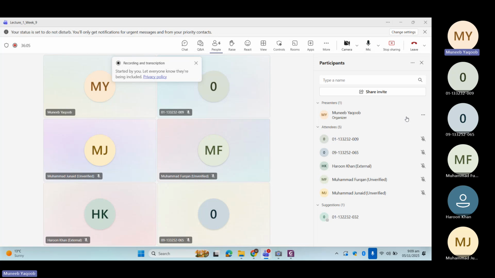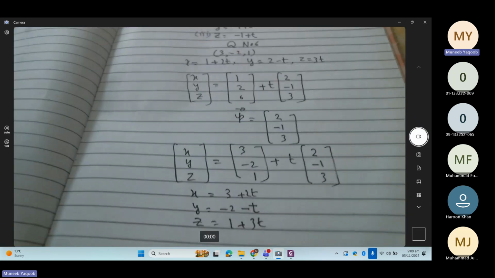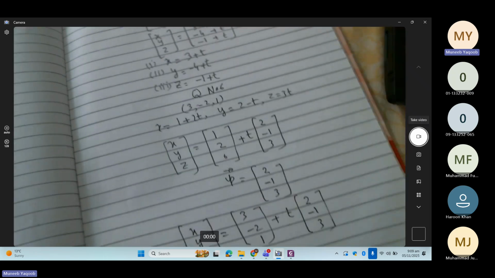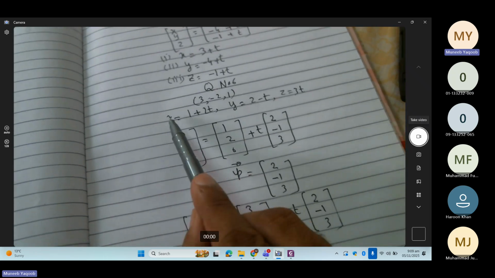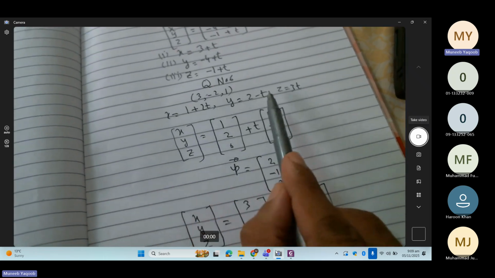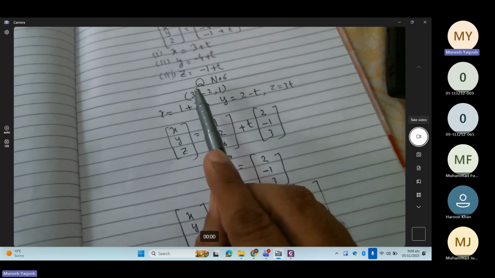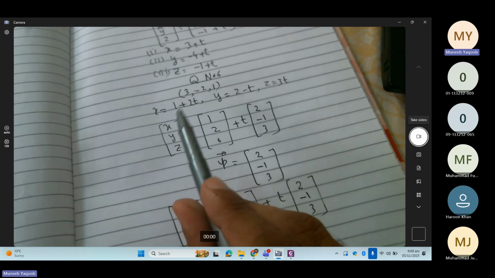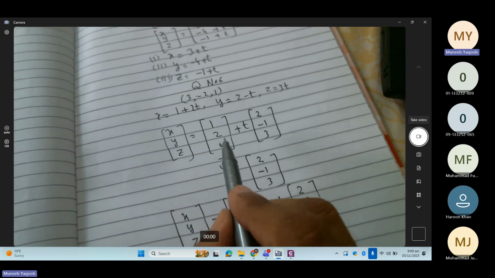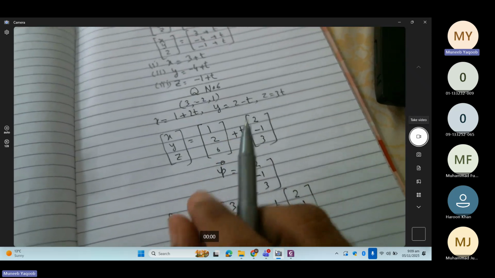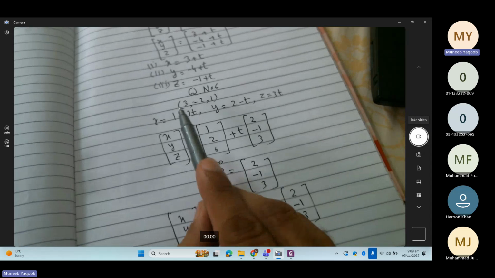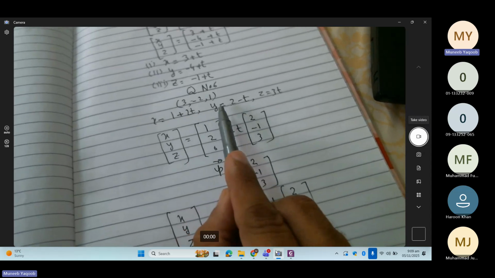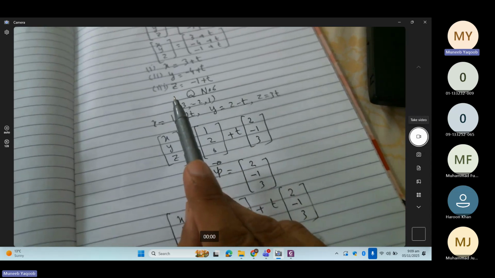Never mind. So students, what we learned in this question is that if you are given the parametric equation of another line and a point where your line is passing, then to find the direction vector of your line, you need some information. They told us that the given line is parallel to the required line.